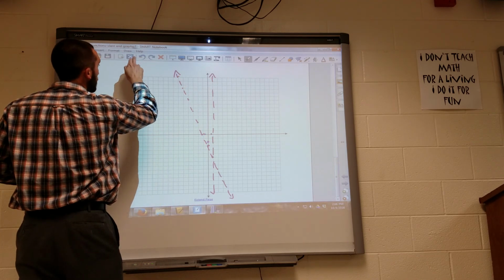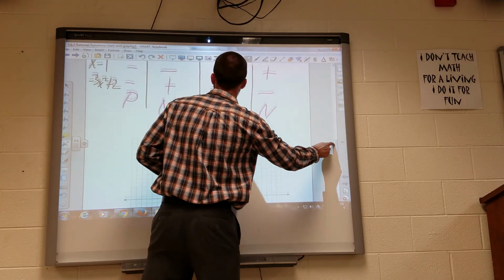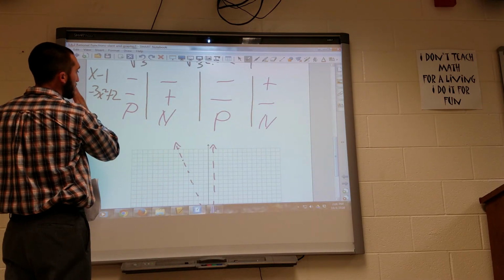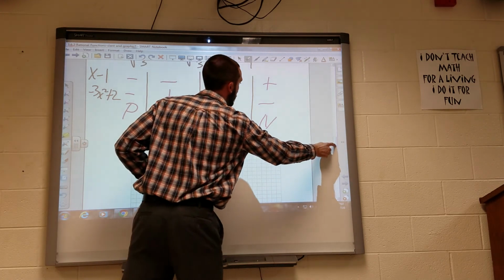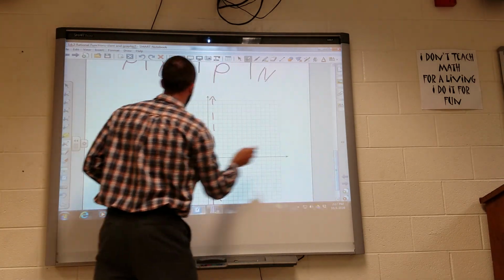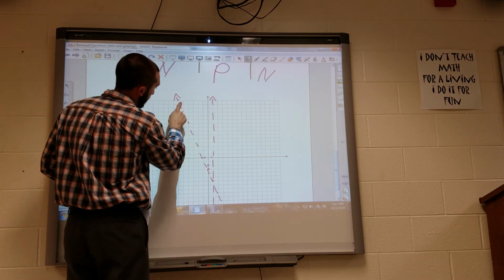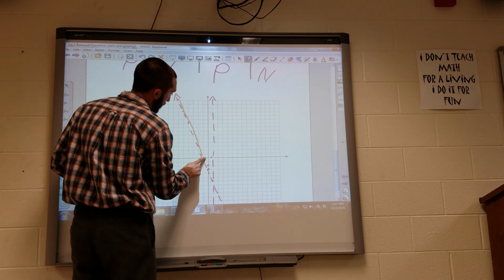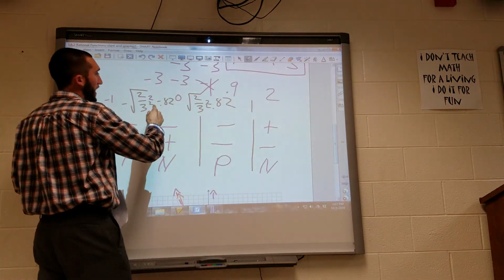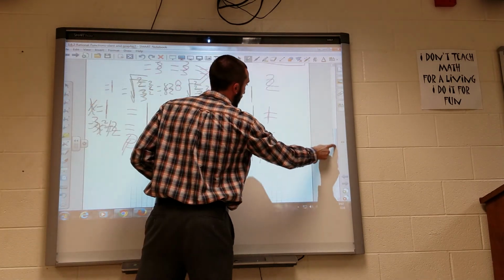I forgot to use my sign graph. So from negative infinity to when I get to negative 0.82, I'm going to be positive. So that's why I had the graph going here, right? It's positive until it reaches that point. Then in between negative 0.82 and positive 0.82, I'm negative.